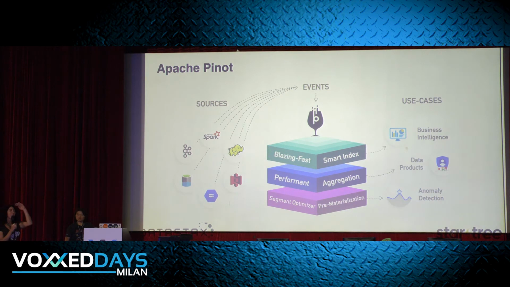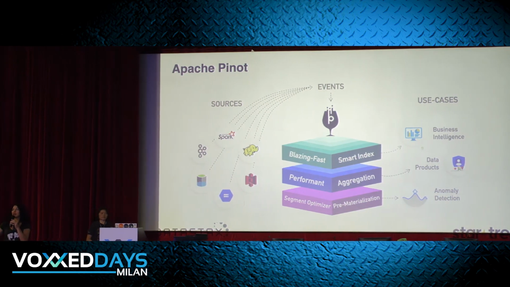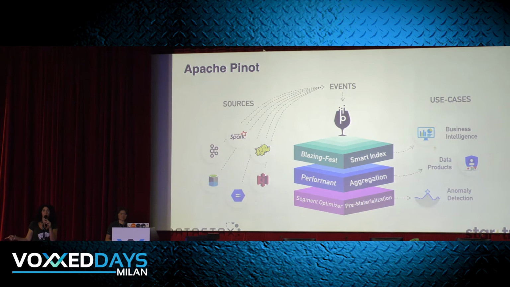It has a bunch of very powerful indexing techniques that make that same data, this historical and real-time data, accessible for queries at very high throughput with very low latency. So if you have a lot of concurrent queries and you need them to be very fast, that is what it's built for.